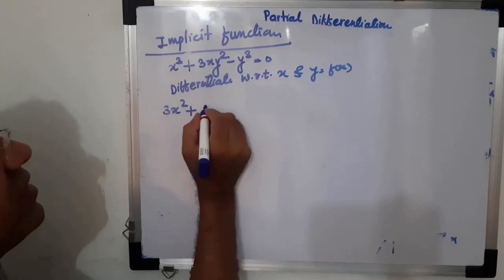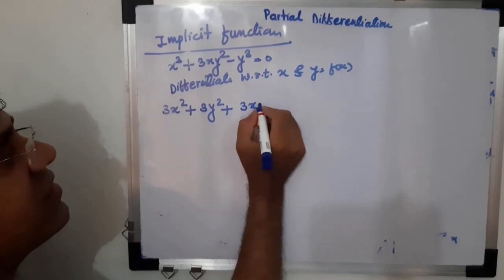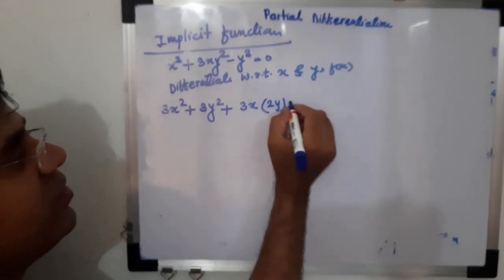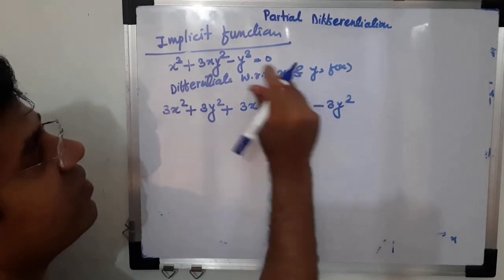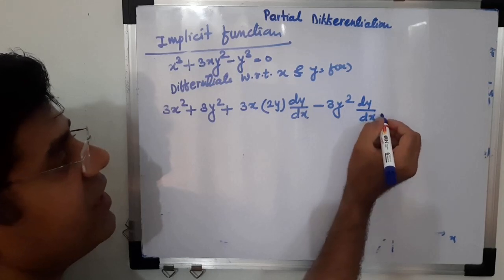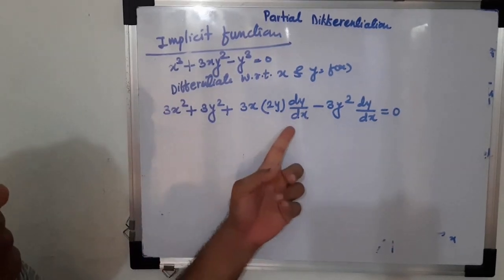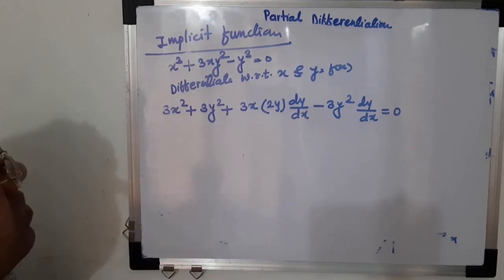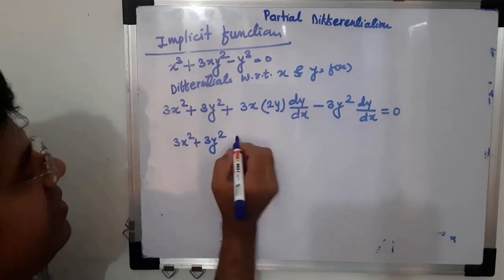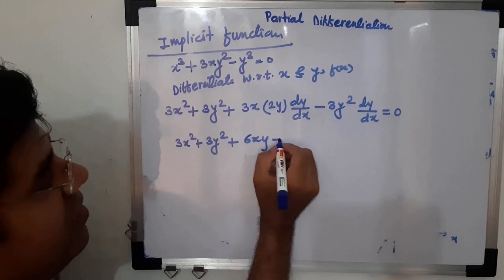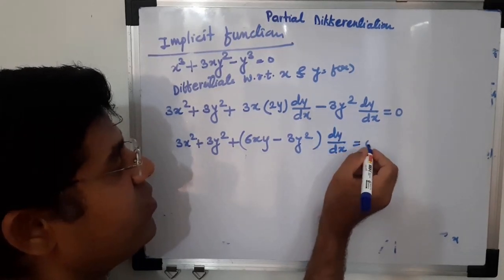For the differentiation, this is 3y square plus 3x, the derivative of y square is 2y into dy by dx, minus 3y square into dy by dx, equal to 0. In this case I will take dy by dx common, so we write 3x square plus 3y square plus 6xy minus 3y square into dy by dx equal to 0.